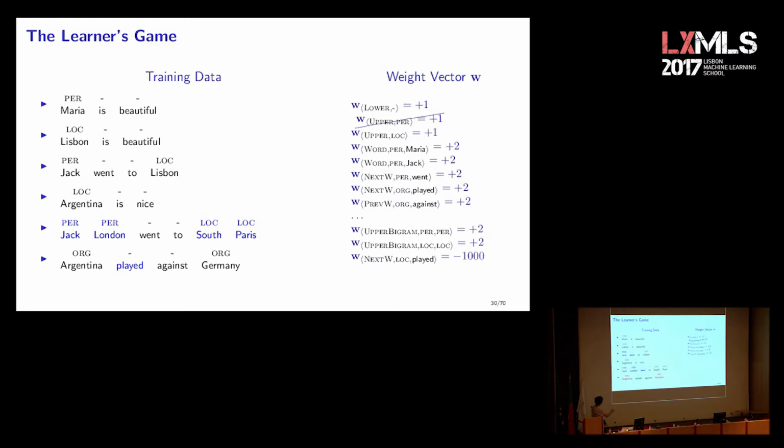So it's capturing this. Note that if I have the template next word and current tag, I might not even know what are verbs of movement, okay? But from the learning data, by training this, I might actually induce that this word indicates person names.